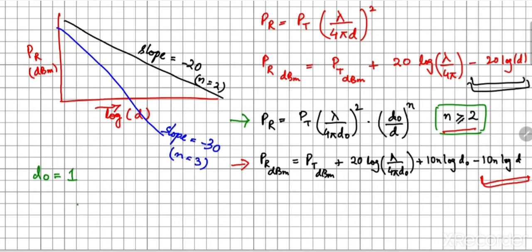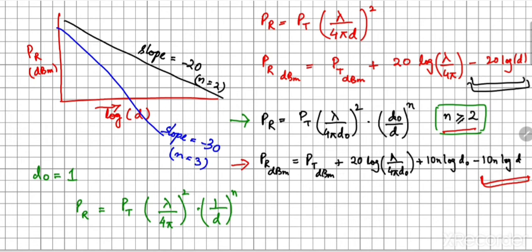In that case, PR, the expression for received power, can be given as PT times (lambda by 4 pi) squared times 1 by d raised to the power of n.